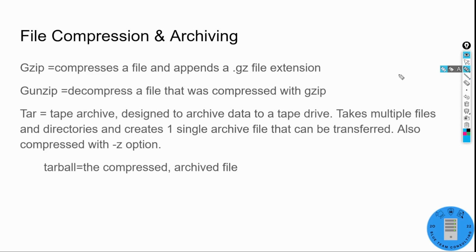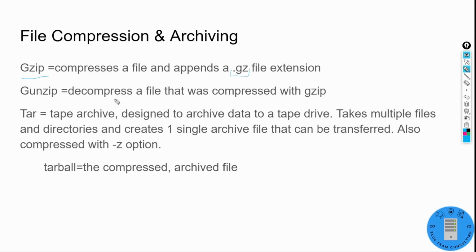Another thing we should discuss is file compression and archiving. The two main topics we want to cover here are compression and archiving. The gzip command will compress the file, and it's going to append the file with a .gz file extension.